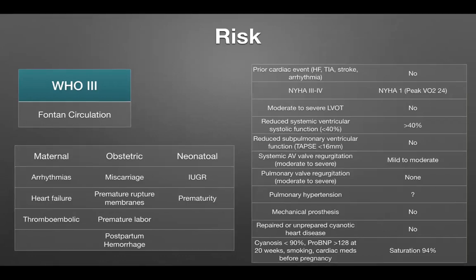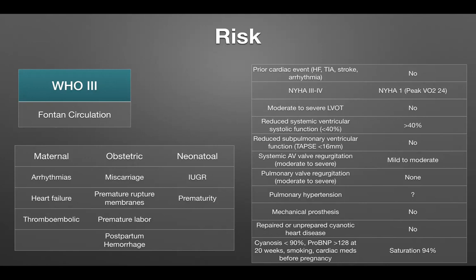Let's go to the right of the screen and go through this systematically. She is New York Heart Association class 1. Her ventricular function EF is greater than 40%. She has mild to moderate AV valve regurgitation, and her saturations are greater than 94%. She does not have pulmonary hypertension. I knew that from a previous cath.